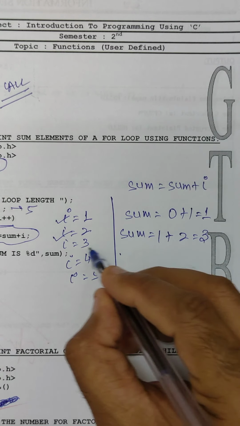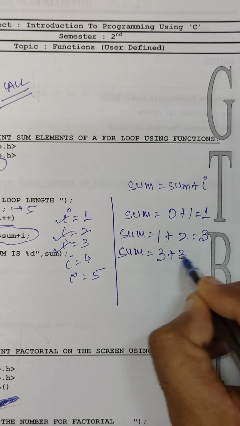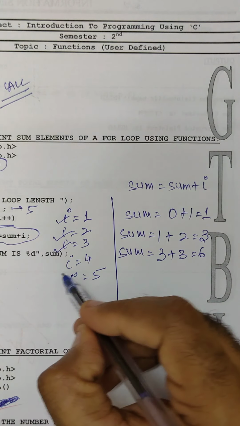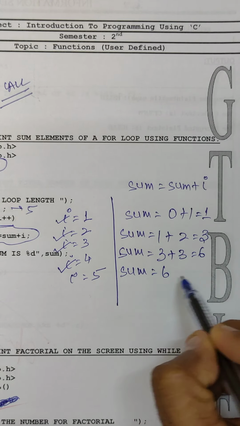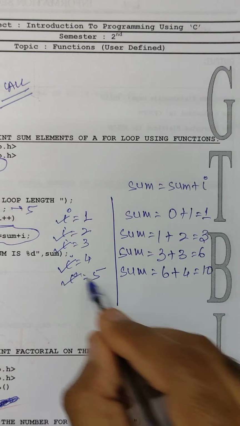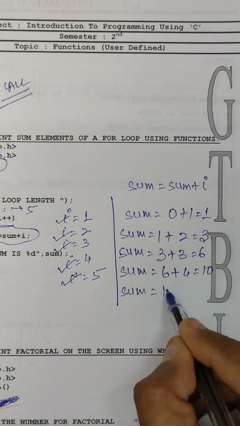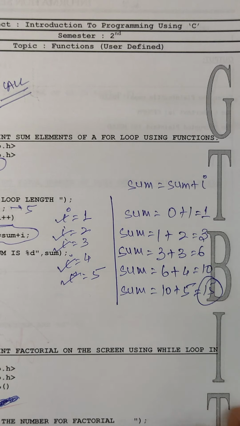When value of I is 3, sum is equal to sum plus 3, which is equal to 6. When value of I is 4, it will be written as sum is equal to sum plus 4, which is equal to 10. When value of I is 5, it will be written as sum is equal to sum plus I, which is equal to 15.